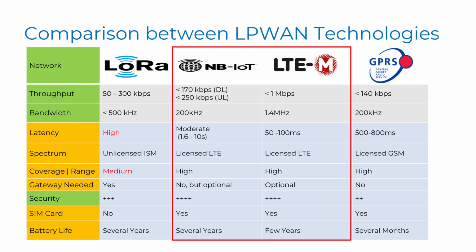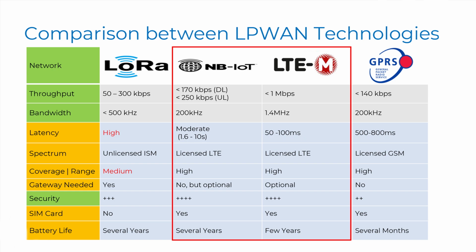I am going to compare some low power wide area network technologies. Here I have considered LoRa, NB-IoT, LTE-M and GPRS. This comes under the 2G GSM network. One of the main features I am going to talk about is latency. When it comes to LoRa devices, latency is somewhat higher, while for NB-IoT, LTE-M and GPRS, the latency is somewhat lower than this.